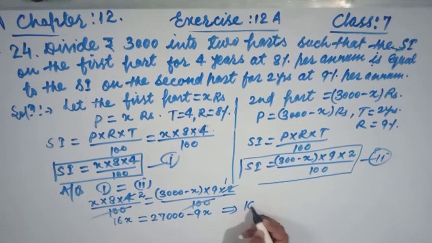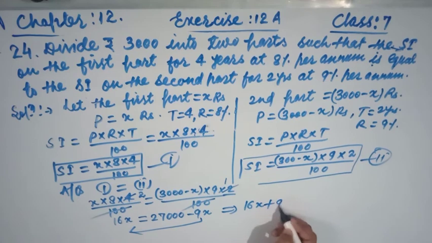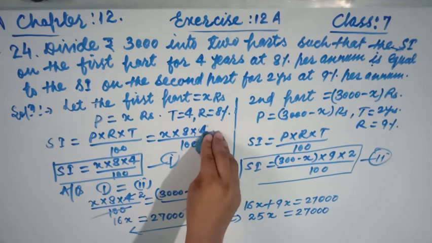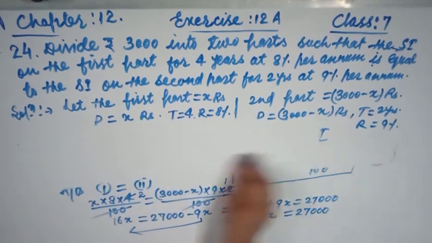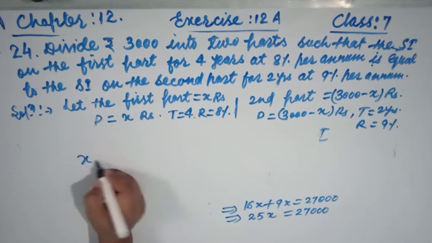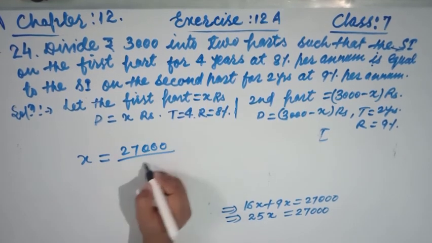Now 16x stays, and the 9x goes to the left-hand side, so plus 9x. 16 plus 9 is 25x, equal to 27000. So x is equal to 27000 divided by 25.